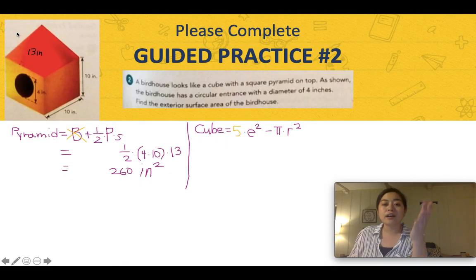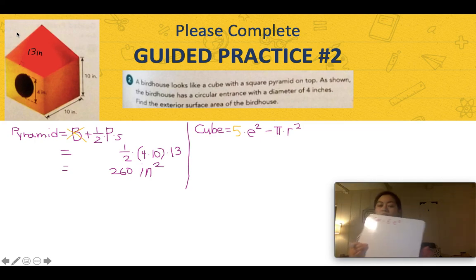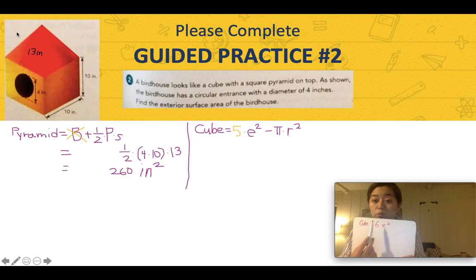All right. Now the original formula for the surface area of a cube is 6 times E squared, where E stands for the edge of the cube. Because how many faces does a cube have? It has 6 faces, right?